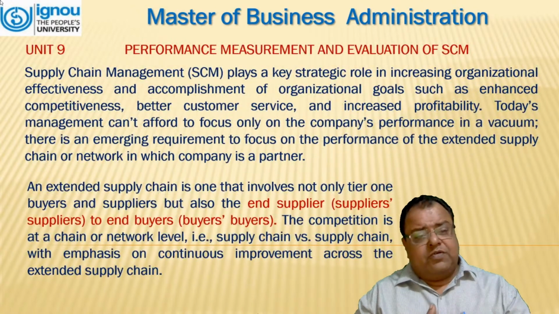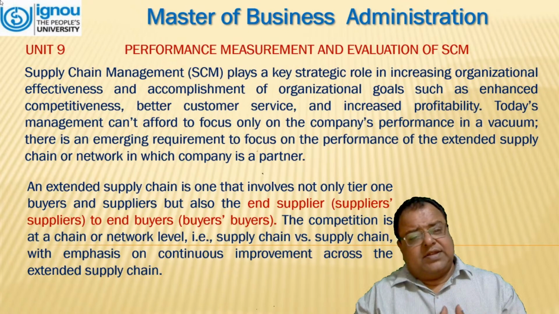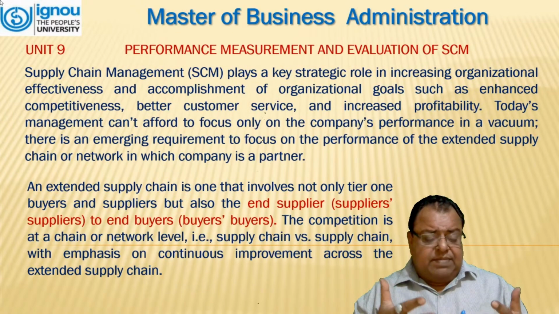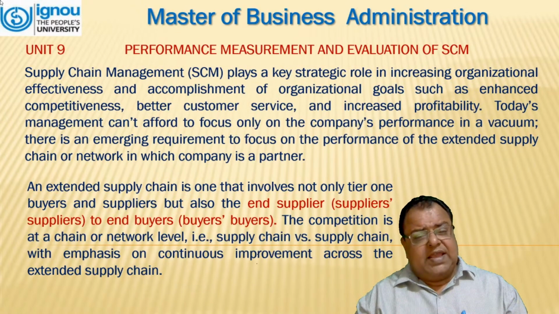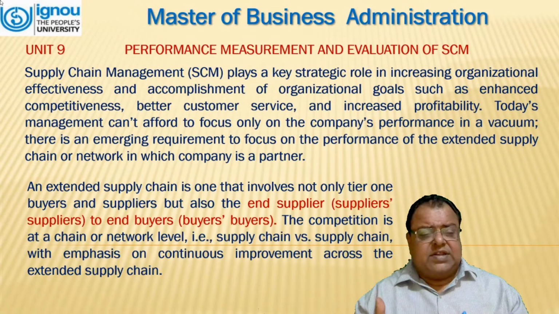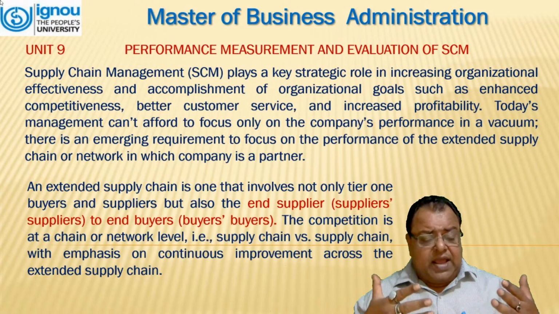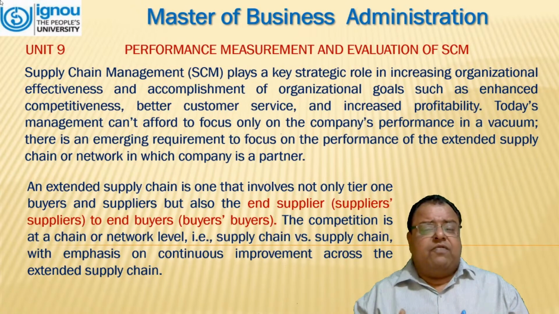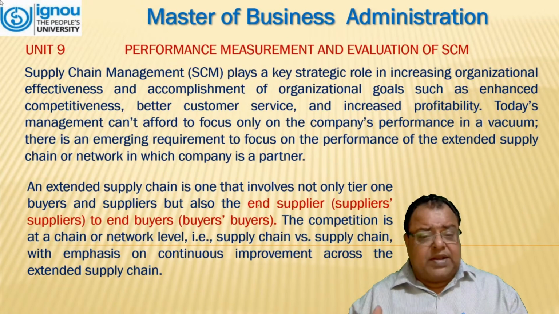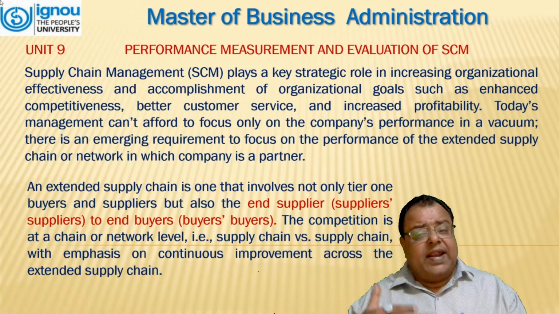Now we move to the next unit, that is performance measurement and evaluation of supply chain management. Supply chain management plays a key strategic role in increasing organizational effectiveness and accomplishment of organizational goals such as enhanced competitiveness, better customer service, and increased profitability.